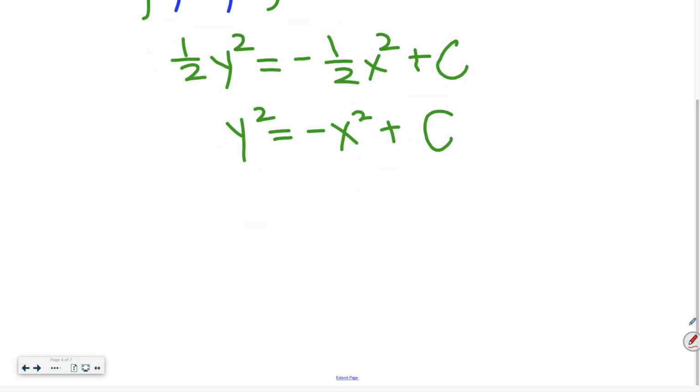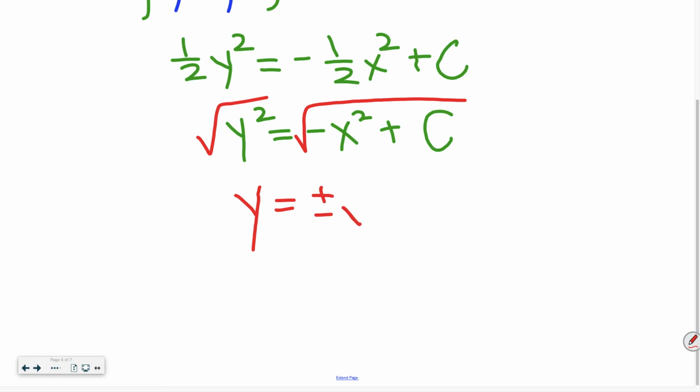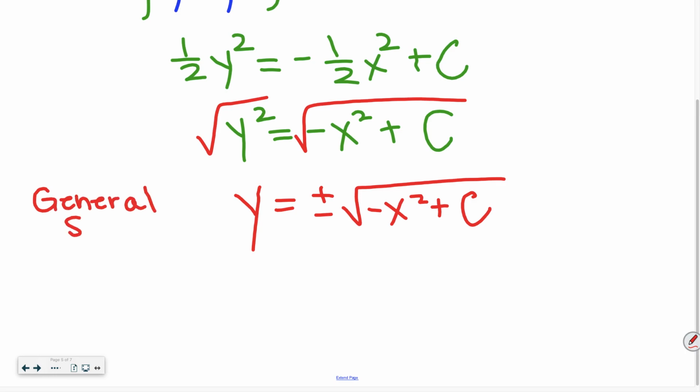When we square root both sides of an equation, what do we have to include? Plus or minus. This right here is our general solution. This is where we would have stopped in our previous 2 examples.